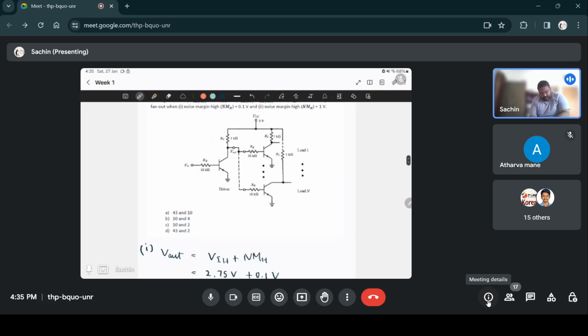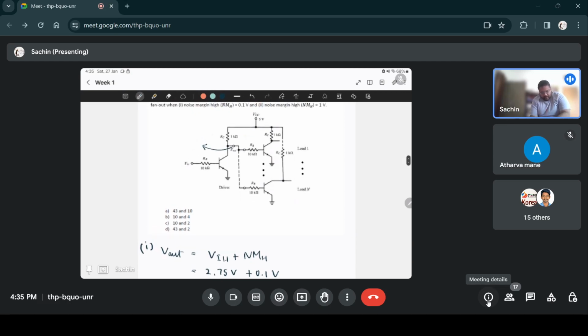So that's the Vout that you require here at this point in order to drive all the load transistors. But if you have 2.85 volts here and this point is at 5 volts, so what is the current that will flow through this collector resistor?